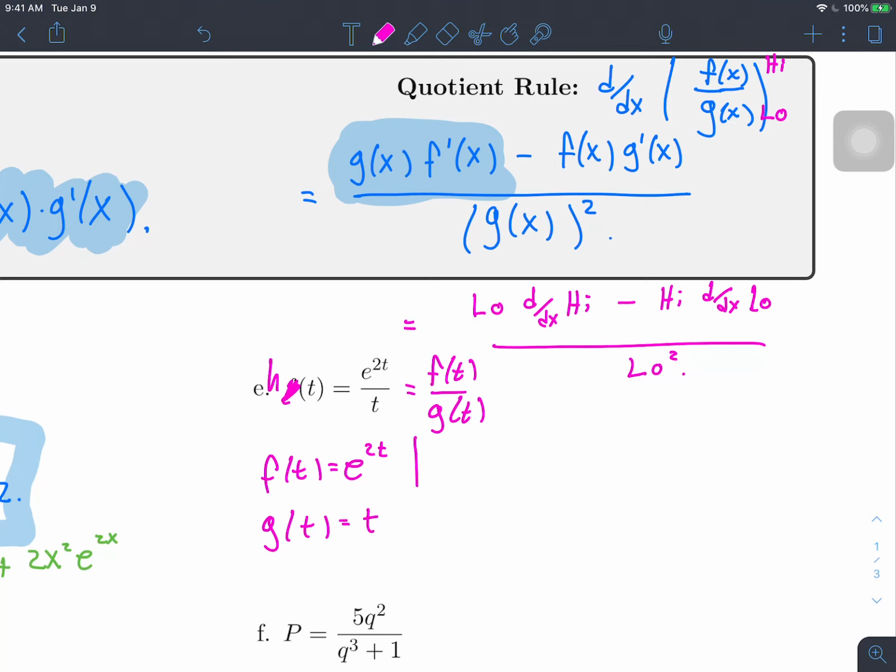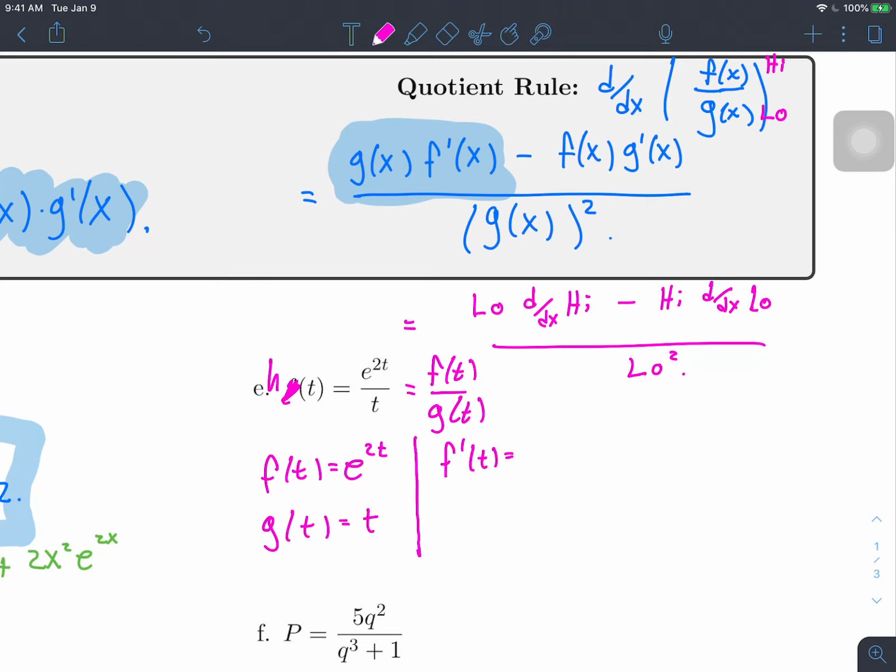So, write a little line here. What's the derivative of e to the power 2t? I've had somebody help me with many chain rule problems. Let's have somebody else. Anybody confident with what the derivative of e to the power 2t should be?